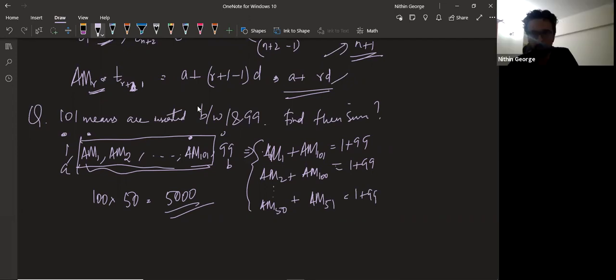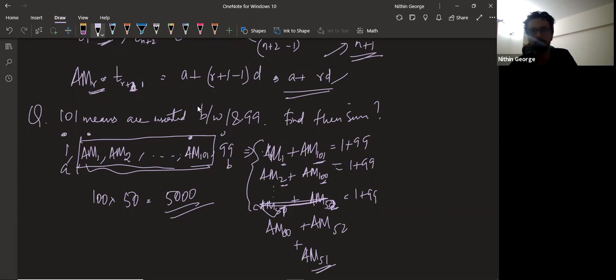Actually, I'm wrong here. The sum should come to 102 here. Okay. 1 plus 101. So it's 51 plus 52. Sorry. So it becomes AM 50 plus AM 52 and then plus AM 51. That is one more term there.